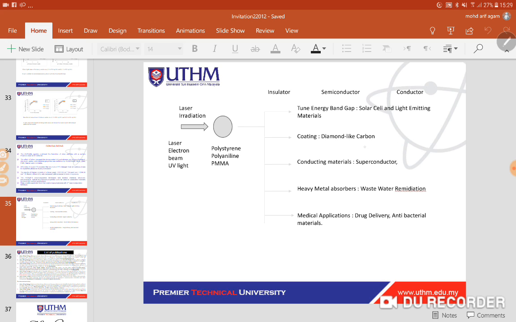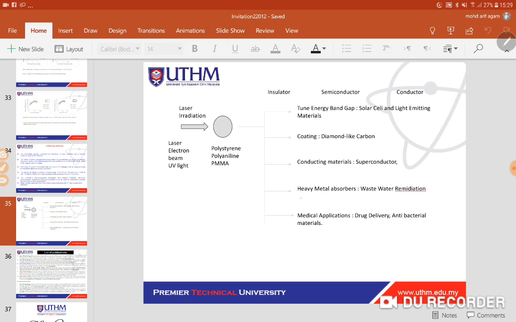That will be another future research. And of course, now once we can make it diamond-like carbon or semiconductor, we want to look at it as a conductor material or superconductor material.